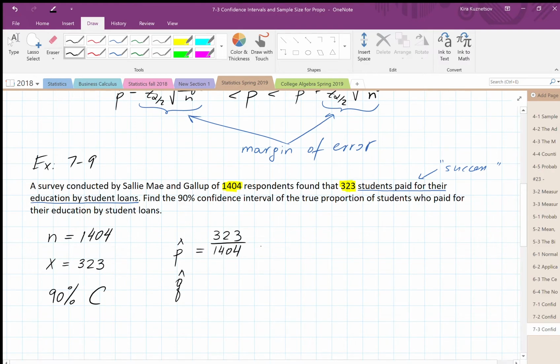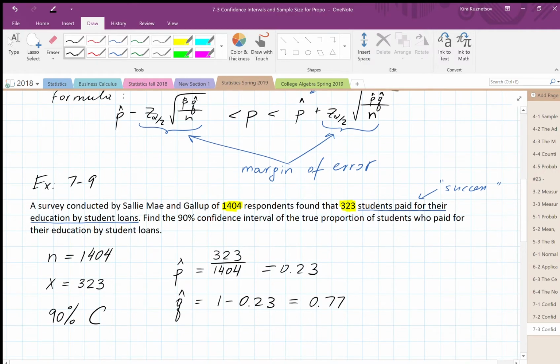I have approximately 0.23. I do have a bunch of zeros and I have a 56, so this is fine. I'll put an equal sign because this is enough. In order for me to find q hat, all I have to do is 1 minus 0.23. And I will get 0.77 who answered no.